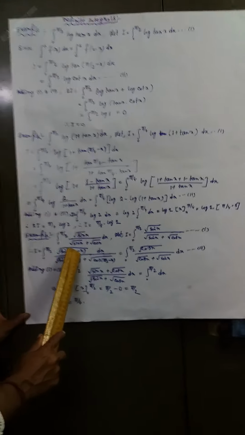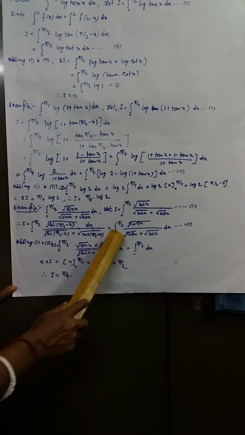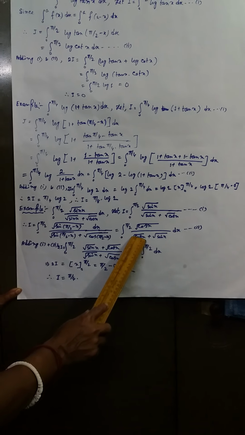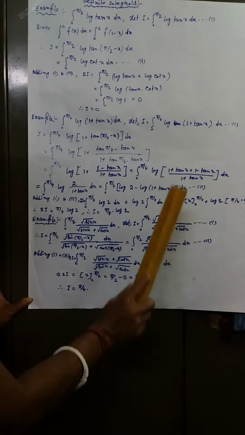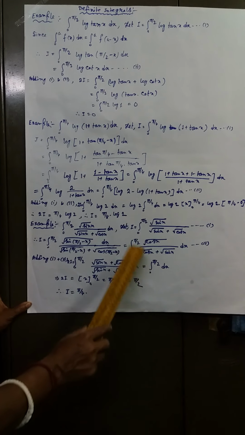Now sin (90 minus theta) is cos theta, and cos (90 minus theta) is sin theta. So write it down, the integral from 0 to pi by 2 of root over cos x by (root over cos x plus root over sin x) dx. And now adding 1 and 2, we get what?